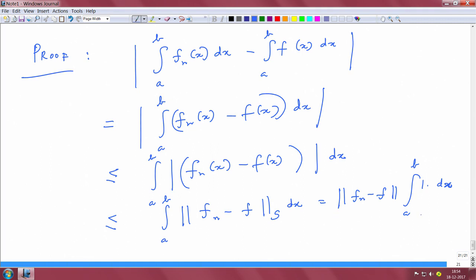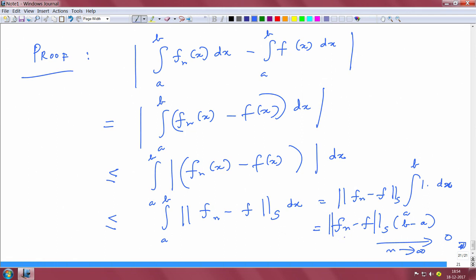This is just the integral and this is bounded, so therefore it is the norm of fn minus f times b minus a, and this heads to 0 as n goes to infinity, and this proves this result.